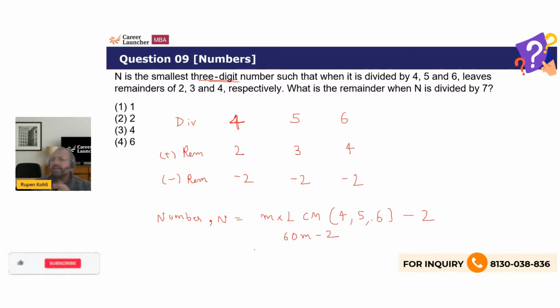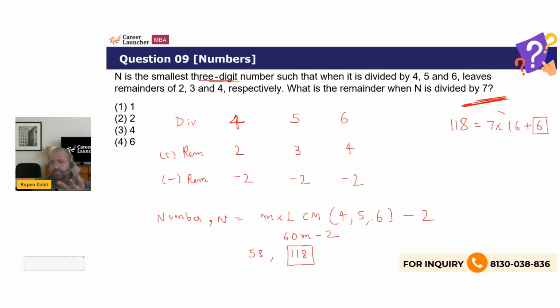For m equal to 1, we'll get 58, but that is not a three-digit number. So the first one will be 120 minus 2, which is 118. So 118 is the number we are referring to. When divided by 7, we have to find the remainder. 16 into 7 is 112, and so 6 is my remainder. There goes my answer, right?